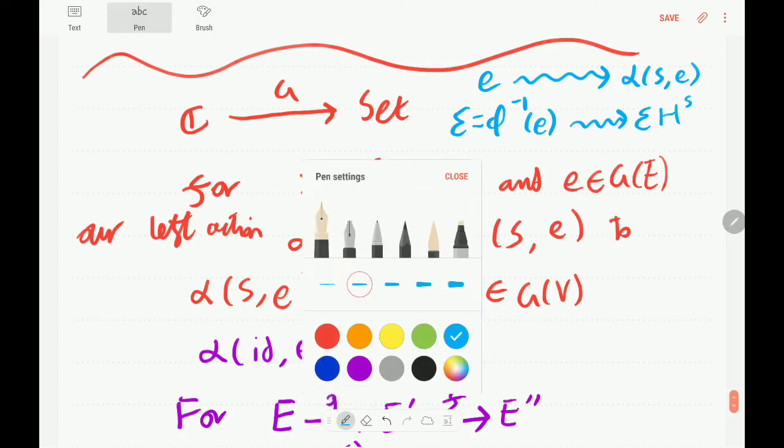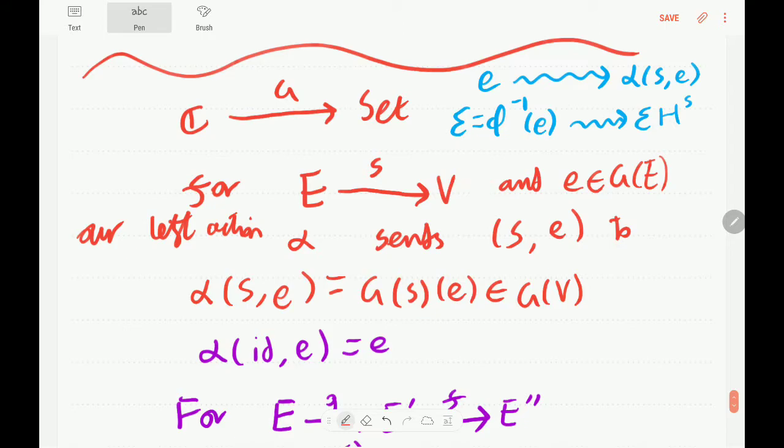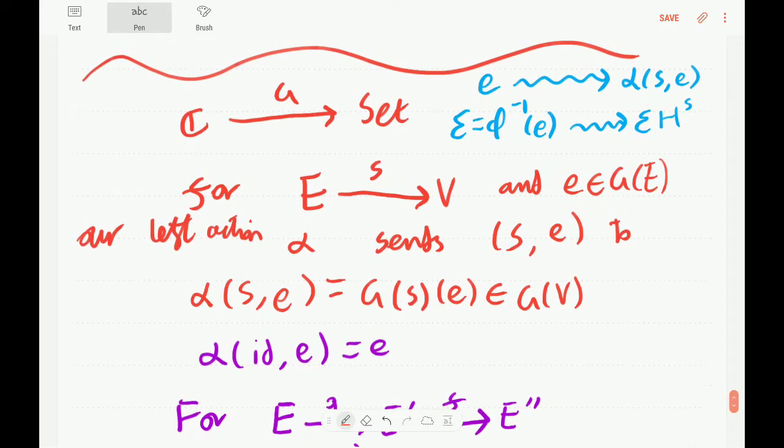Okay, so I think it's worth saying something about how this Yoneda correspondence matches up with another way of looking at these functors into Set, which is in terms of a left action.